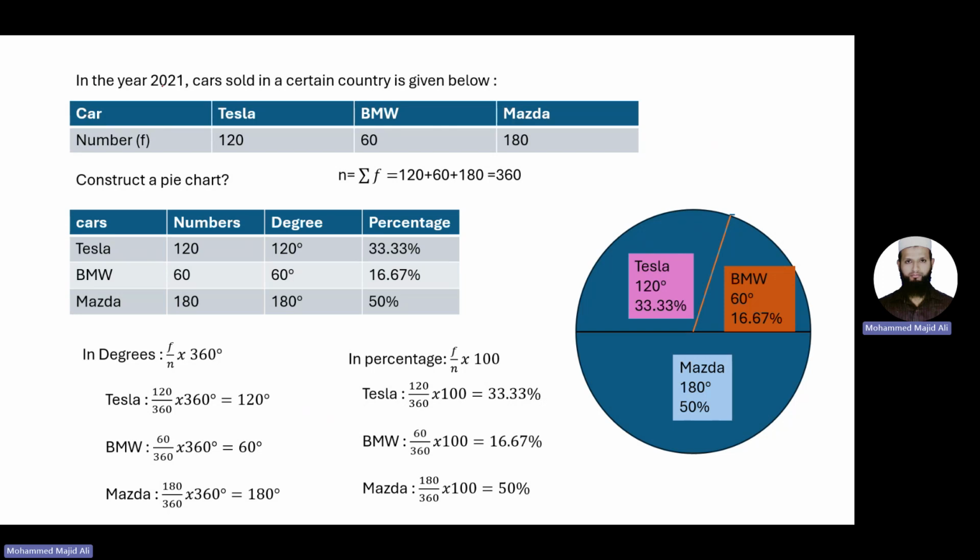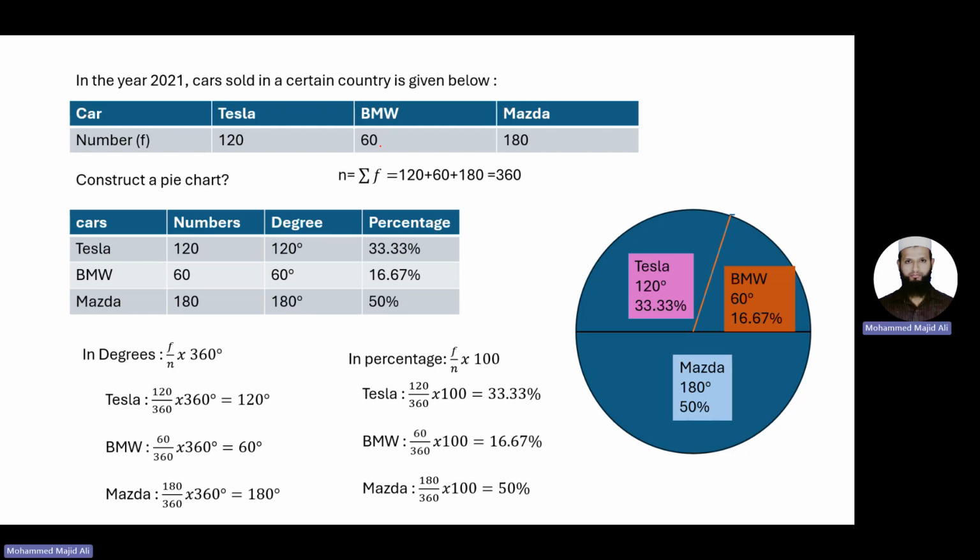In the year 2021, cars sold in a certain country is given below. Cars: what are the names? Tesla, BMW, Mazda. Numbers: how many Tesla cars? 120.